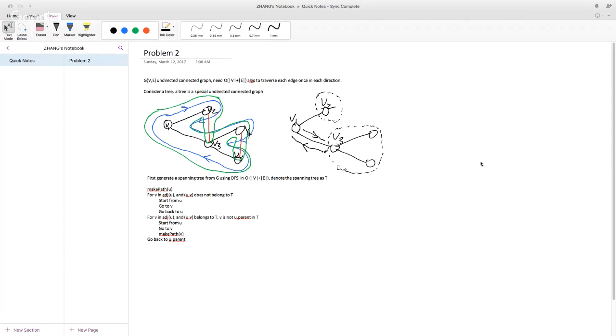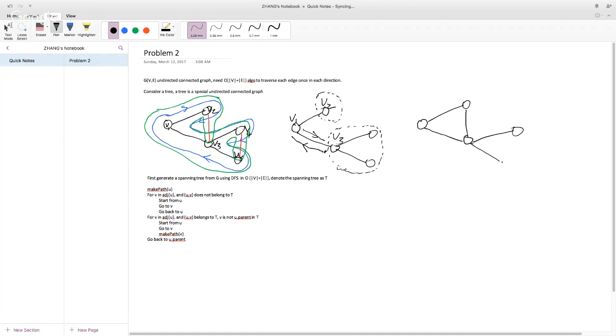Let's start with our example. V4, V5. Let's try to apply the algorithm on this example.